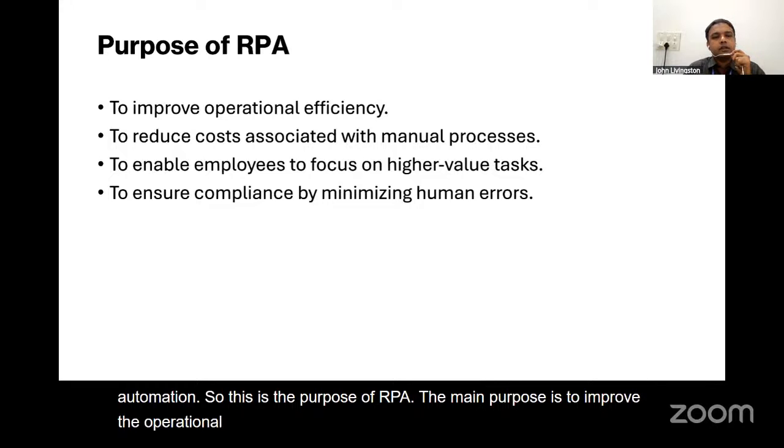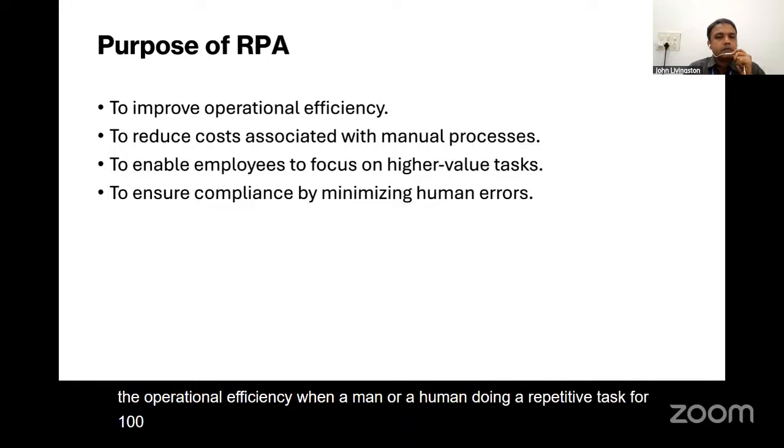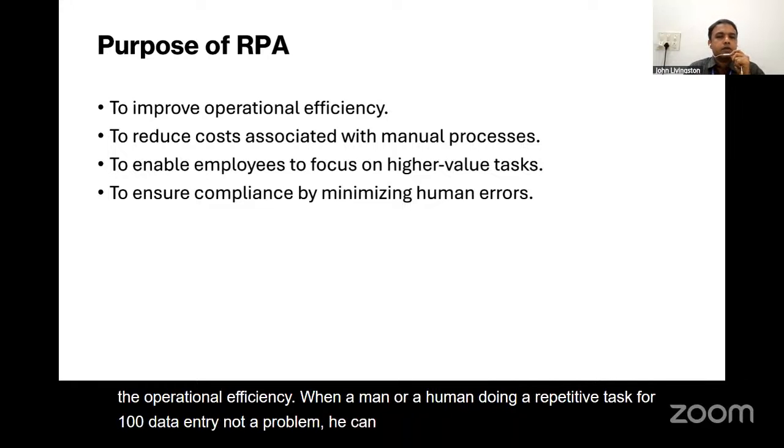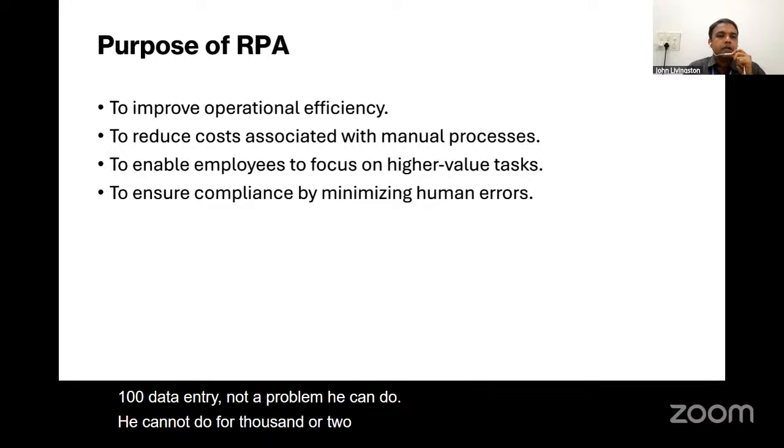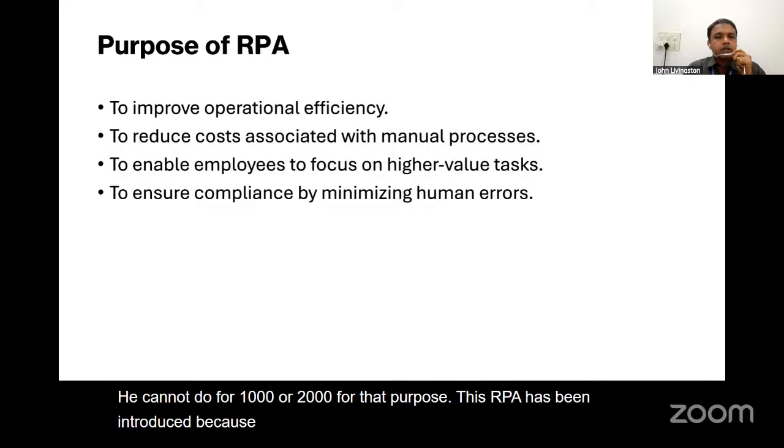The main purpose is to improve operational efficiency. When a human is doing a repetitive task for 100 data entries, not a problem, he can do it, but he cannot do it for 1,000 or 2,000. For that purpose, RPA has been introduced because some 20, 25 years before, the data was very less.